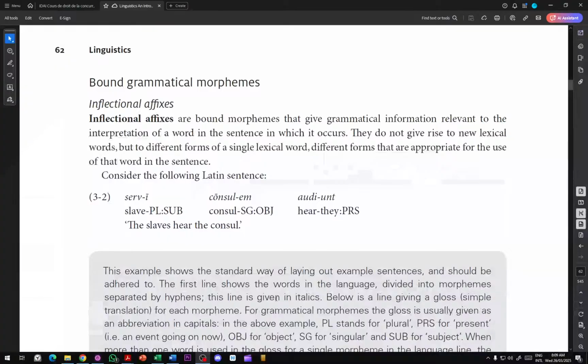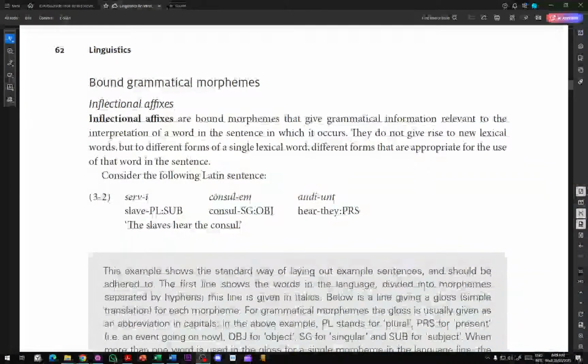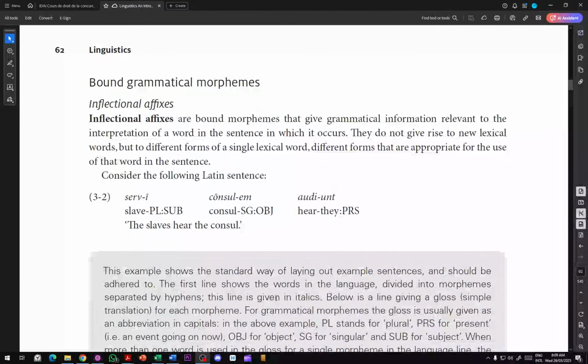Okay. Bound grammatical morphemes. Inflectional affixes.